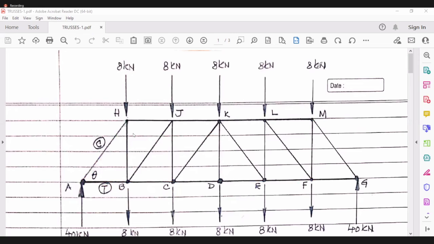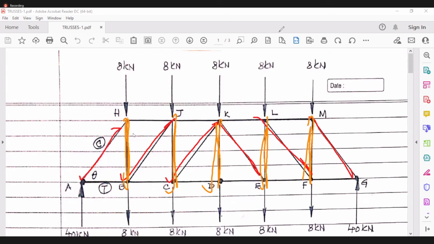Now all these are in compression and these all are in tension.